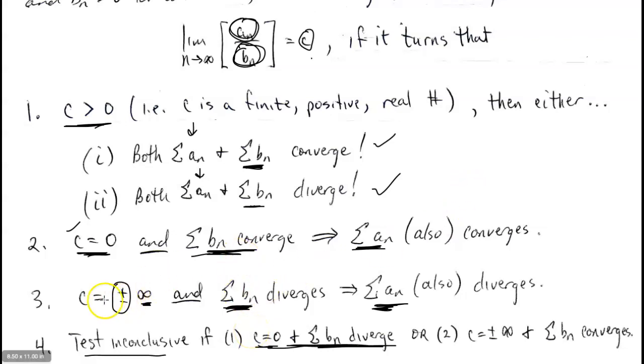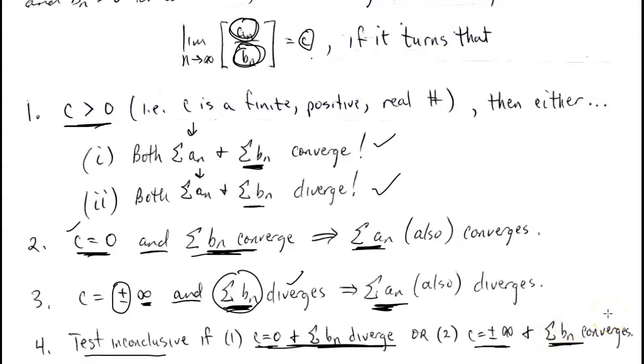The other condition is if C ends up being positive or negative infinity, but instead of the smaller series diverging, we know that the smaller series converges. In that situation, we can't use a limit comparison test. So that is the limits that we have on that. Okay, no pun intended there.